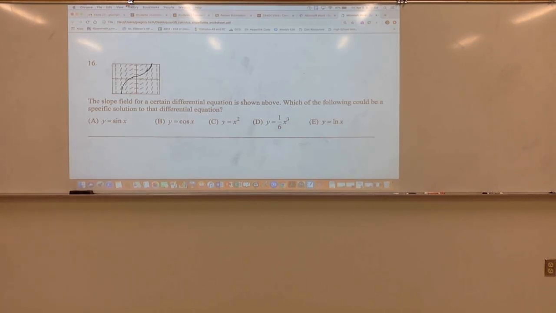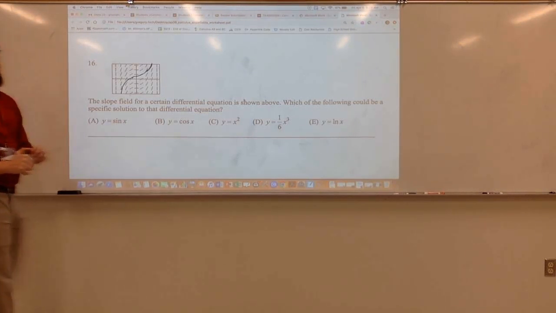So if the dy/dx isn't on there, then we don't look for the graph. If the dy/dx is on there, do the graph. She's saying if it were dy/dx equals x squared, we could probably do something with what's up there.